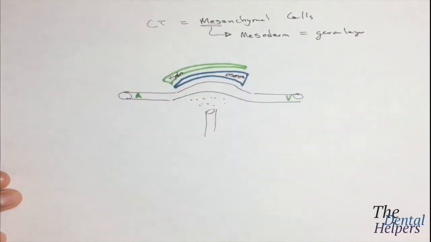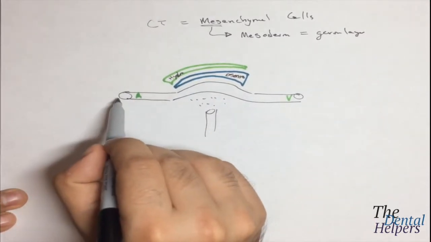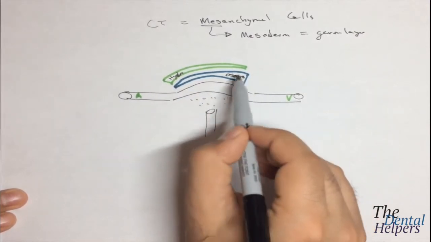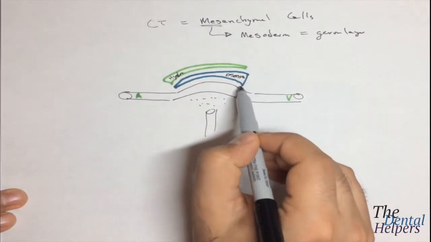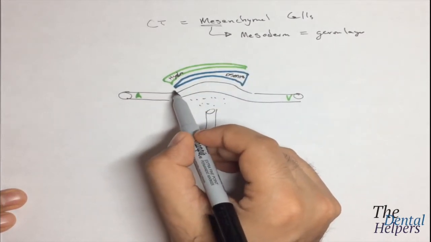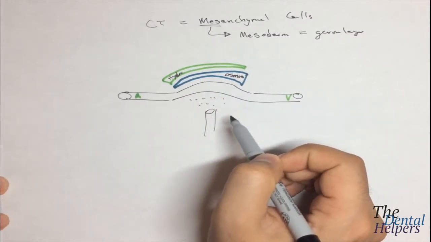The hydrostatic pressure is going to drive fluid out of the capillary and is highest at the arterial end of the capillary and lowest at the venous end. So as we go down the arterioles into the capillaries, it's going to have the highest pressure, and then once we get into the venous system, it decreases. Now osmotic pressure increases as we go towards the venous system from the arterial system.